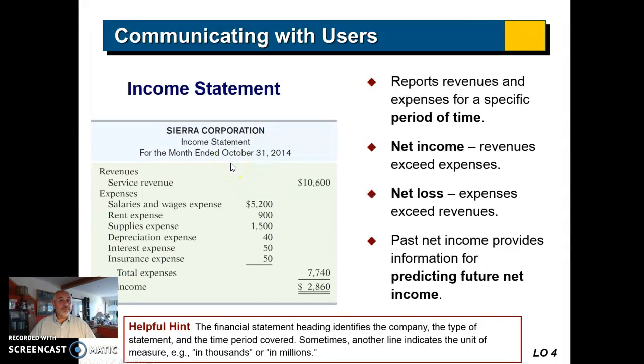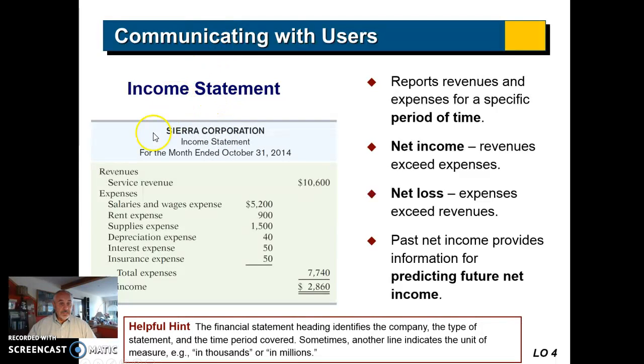An income statement is cumulative. That means the data is gathered throughout the period in which the statement is made for, and we just continue to gather the financial data through that period and then prepare our financial statement.